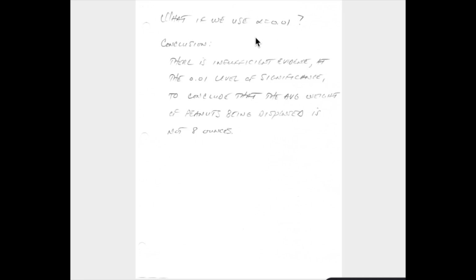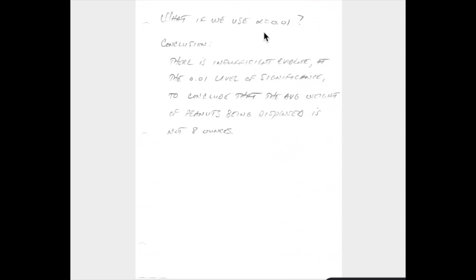The conclusion would be that there is insufficient evidence at the 0.01 level of significance to conclude that the average weight of peanuts being dispensed is not 8 ounces. We would not be able to reject that null hypothesis in favor of the alternative if we use a 0.01 level of significance.